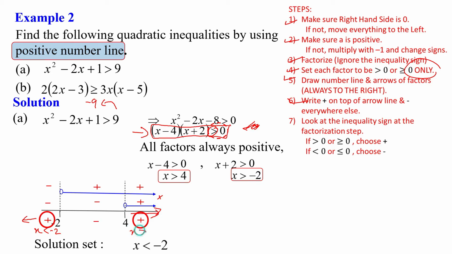So that's why we write x greater than 4. Look at the answers. They are separated because there's no answer in the middle between negative 2 and 4. That's why we write union or U. And then don't forget your curly brackets. You can write your answer in the interval form like this.